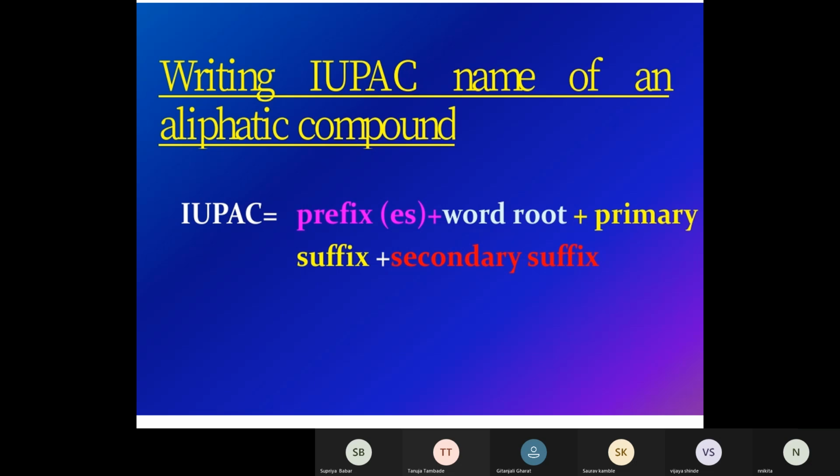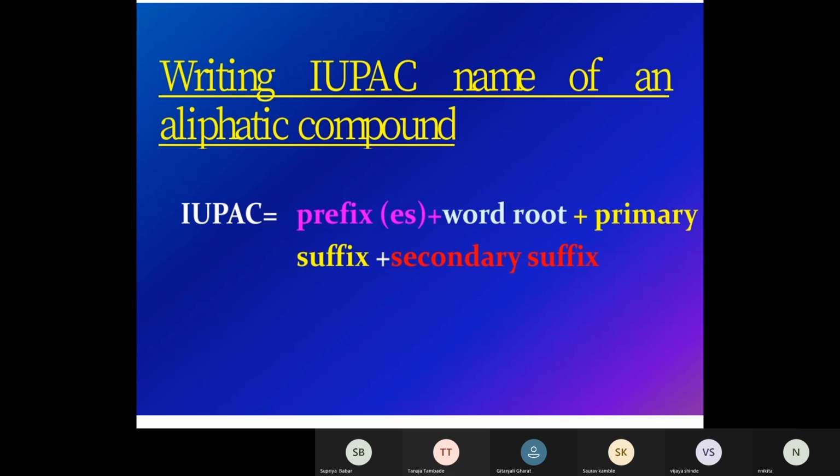And there is a second naming system that we are using, the IUPAC naming, that is the systematic naming system. By using this IUPAC naming system, we can name any complex molecule, even if the molecule is bigger.